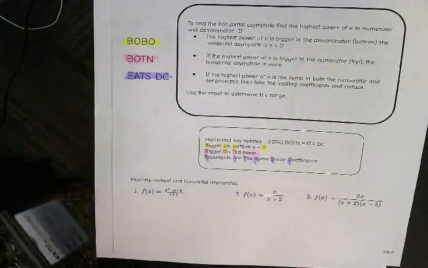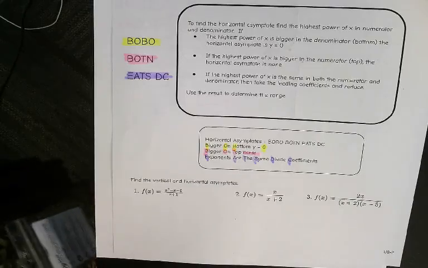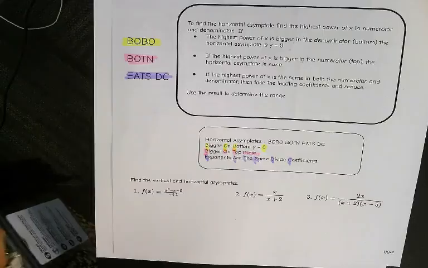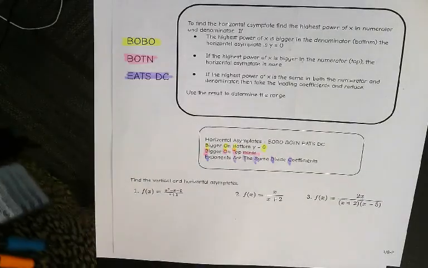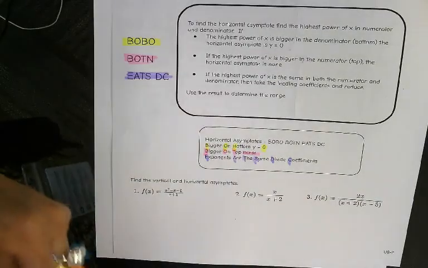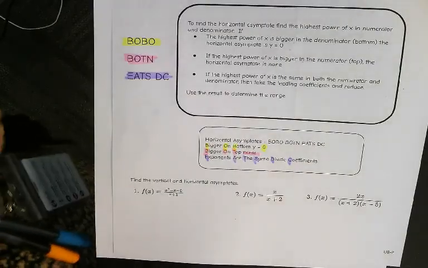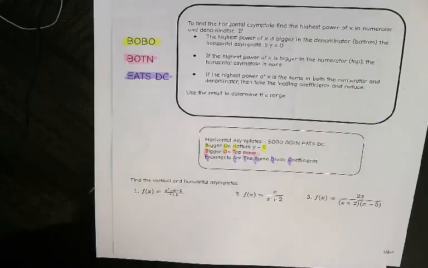Bigger on the bottom means we're only going to look at the powers, or the exponents, on the top. The degree of the exponents on the leading term, not the whole term. If you have a big term, we only look at the leading term, not anything else.